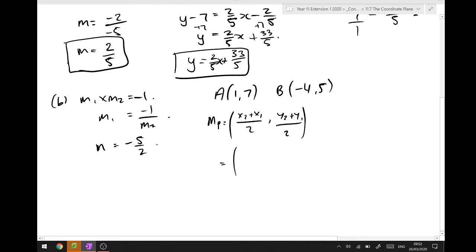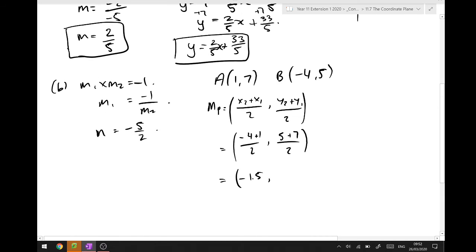So that is minus 4 plus 1 over 2 and 5 plus 7 over 2. Okay. So minus 4 plus 1 is equal to minus 3. Minus 3 divided by 2 is just negative 1.5. And 5 plus 7 is 12. 12 divided by 2 is 6. So we can see that one's halfway, because halfway between 5 and 7 is just 6 anyway.